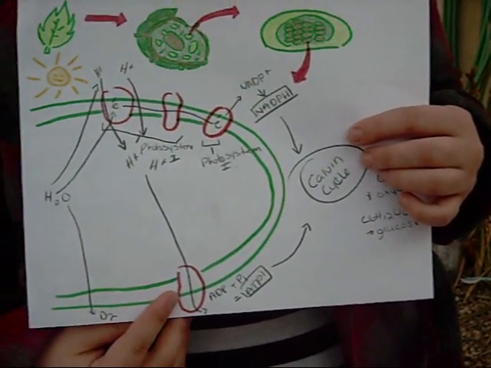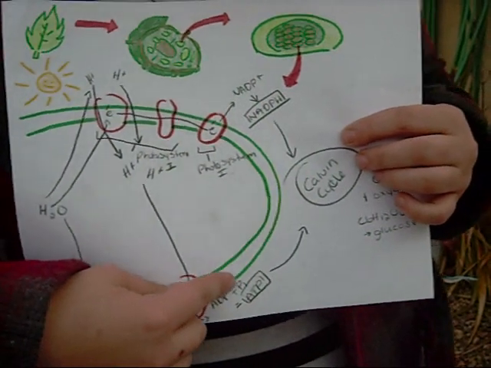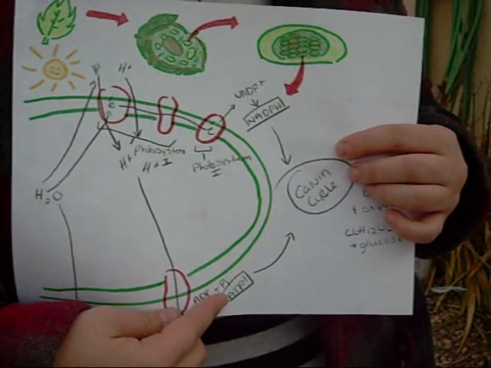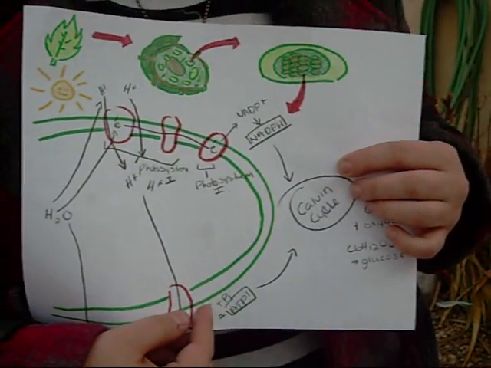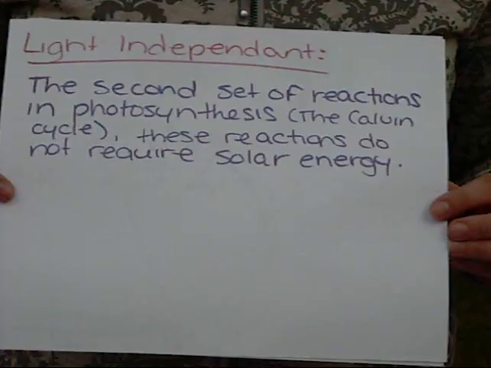In the synthase complex, H ions are used to charge ADP plus Pi to ATP by a process called chemiosmosis. Chemiosmosis is an important part of the Calvin cycle.